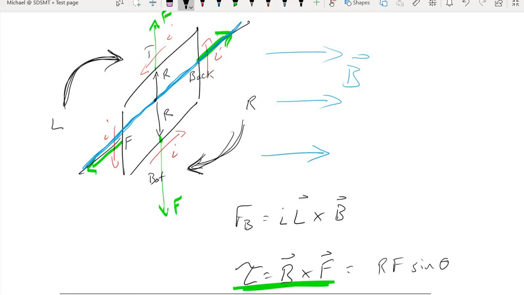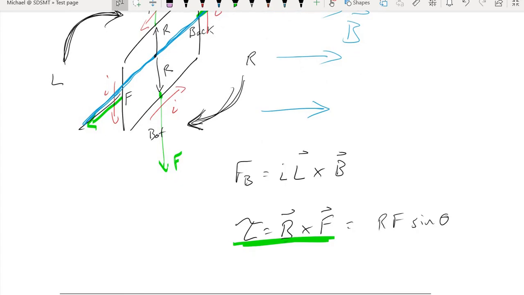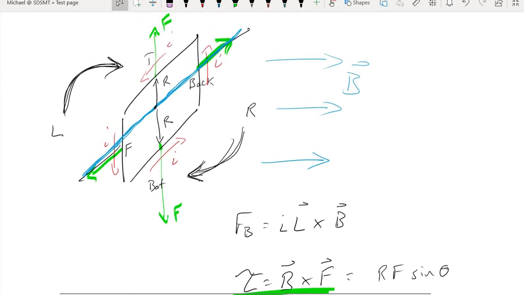The bottom leg has its force vector and its radius vector pointing down. They also have an angle relationship of 0. And so none of these forces acting on the coil are actually going to contribute to any further rotation. This coil has now reached a new equilibrium position.